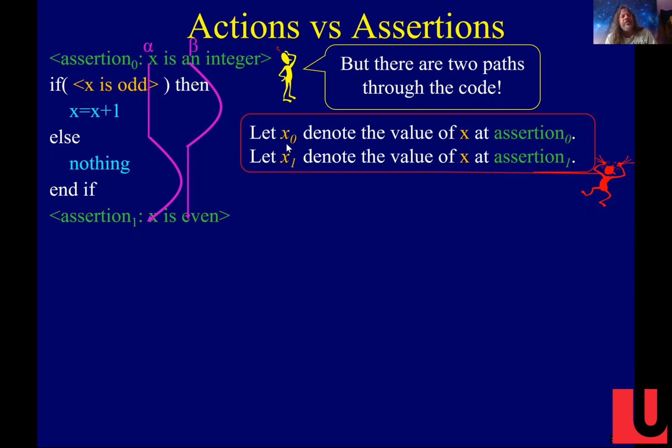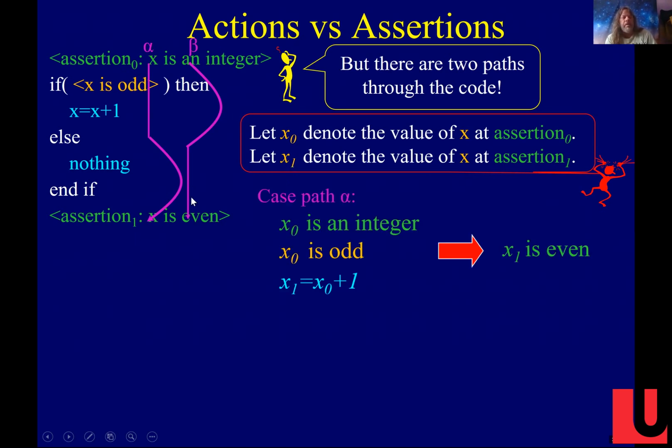So here the notation is: let x sub 0 be the value of x when we're asserting assertion 0 at the beginning of the block, and let x sub 1 be the value when we get to the bottom of the block.